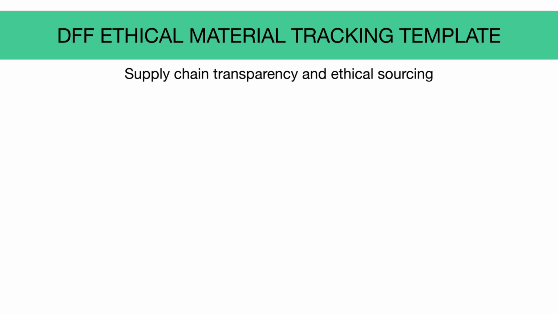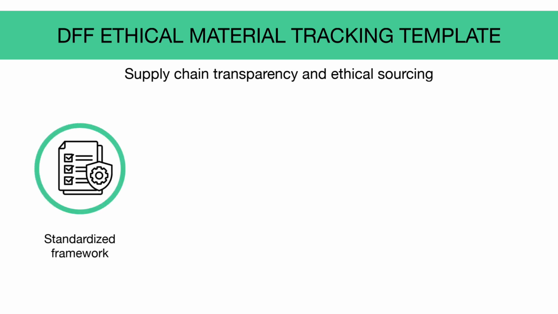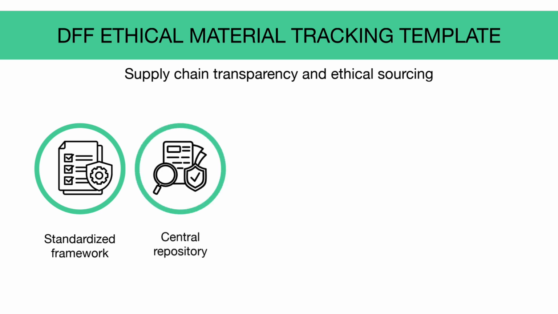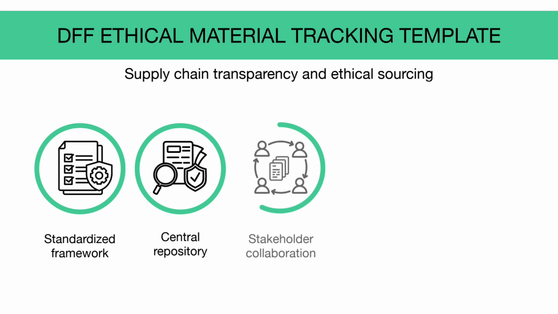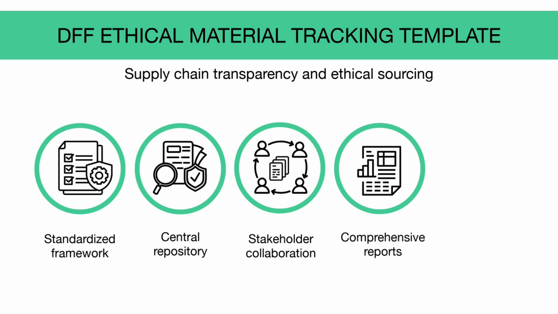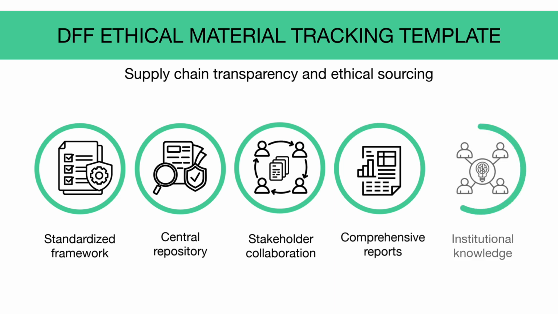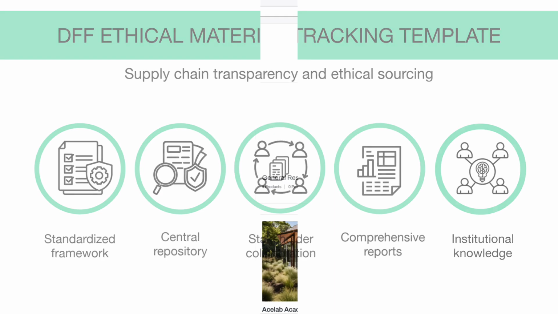It streamlines the process of reporting the Design for Freedom principles in construction projects by creating a standardized framework for ethical material selection and documentation, providing a central repository for supply chain information and verification documents, facilitating collaboration between project stakeholders on ethical sourcing decisions, generating comprehensive reports that demonstrate compliance with ethical material standards, and preserving institutional knowledge about ethical material choices for future projects.